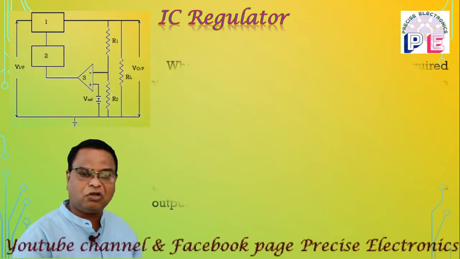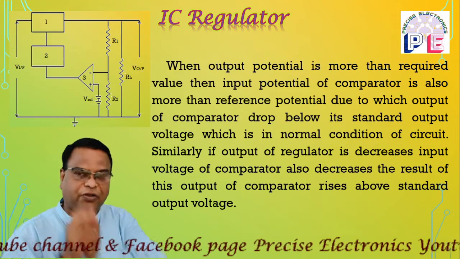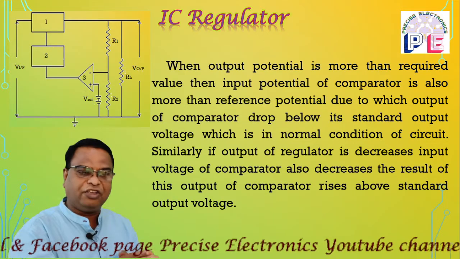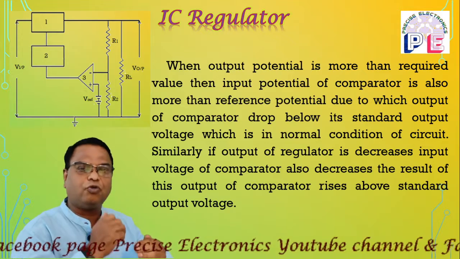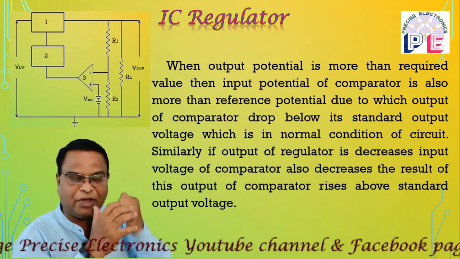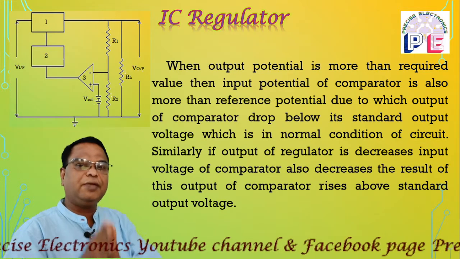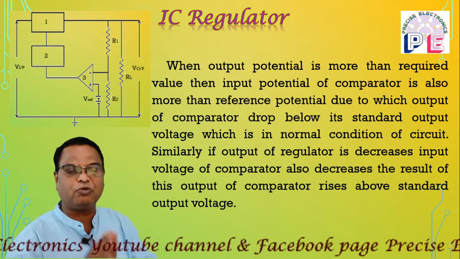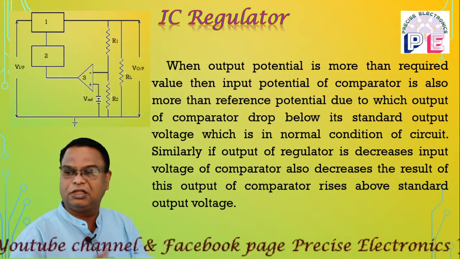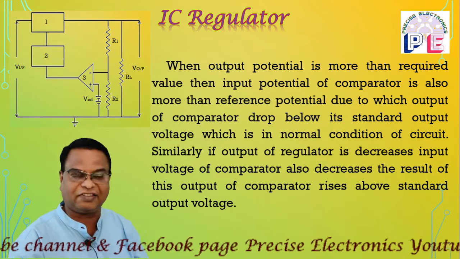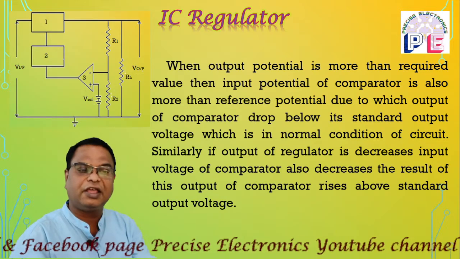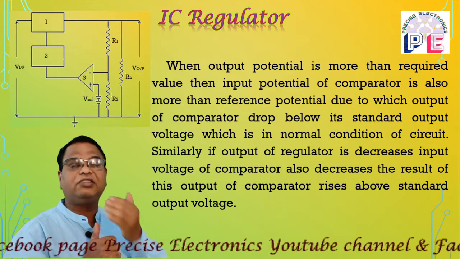Friends, the next block of our power supply is the series pass transistor. We compare the output potential, and suppose the output potential is more than the required value. For example, the standard output voltage is 12 volt, and unfortunately the output voltage increases due to some cause.